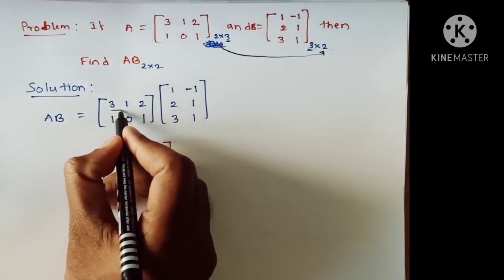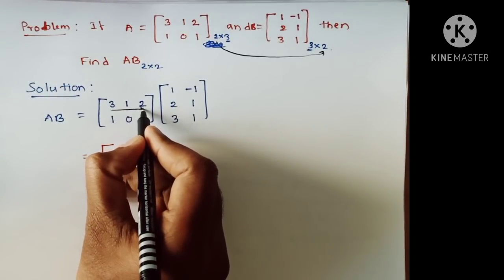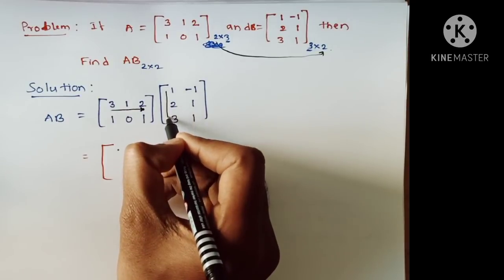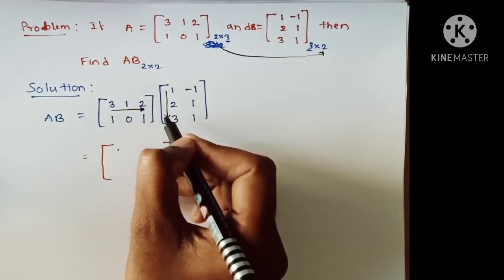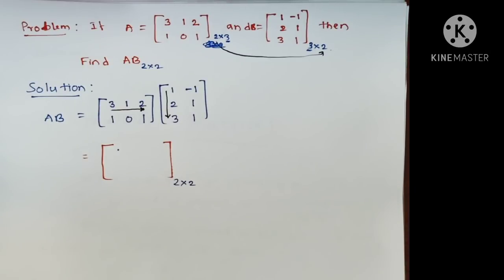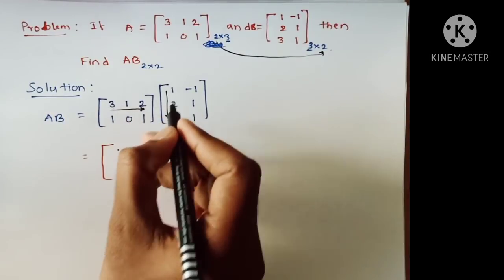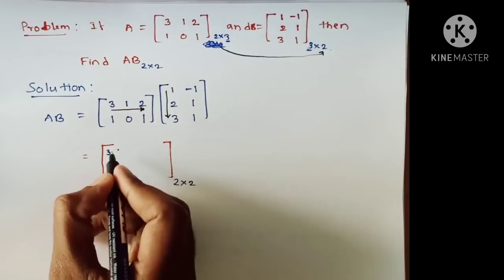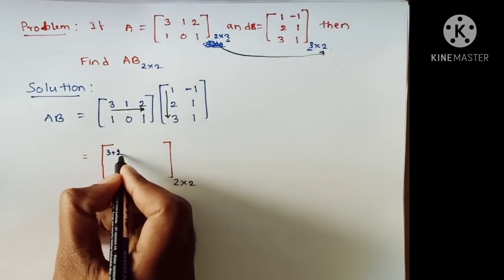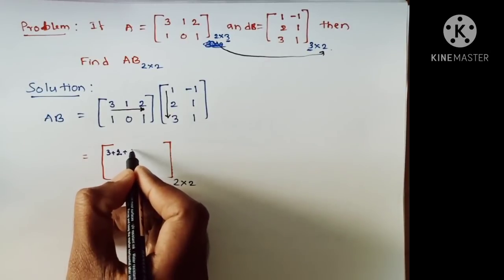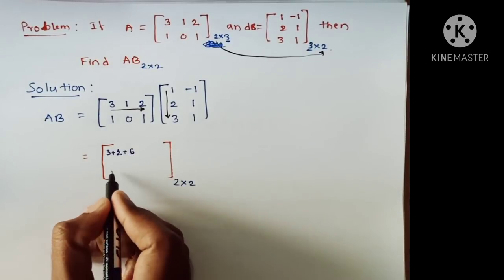The first element of the resultant matrix is obtained by multiplying the corresponding elements of the first row of A with the first column of the matrix B and adding them. That is 3 into 1, 3, plus 1 into 2, 2, plus 2 into 3, that is 6.